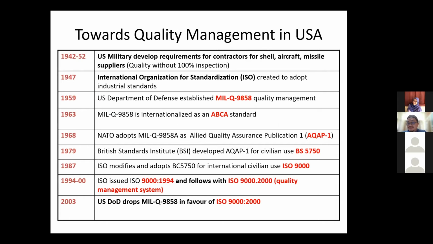So they started to have protocols for their contractors, how the shell should be, how the aircraft should be. Okay, and dia punya aim adalah they will get quality material even if they do not do any inspection, because things have been in place macam ni.